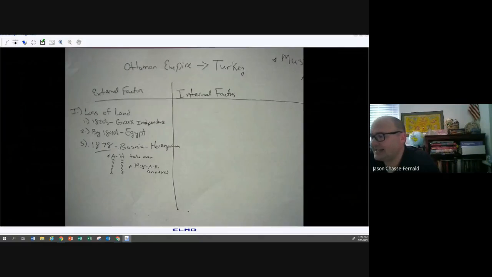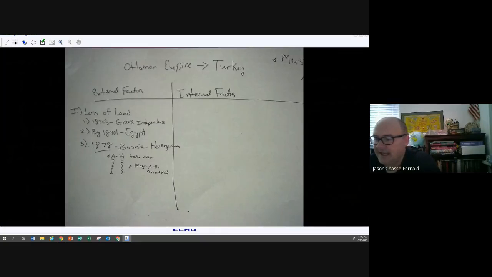So officially annexed in 1908, and we see in June of 1914, Archduke Franz Ferdinand, the heir apparent to the Habsburg throne, is visiting Sarajevo with his wife, and they will eventually both be assassinated, both be killed.